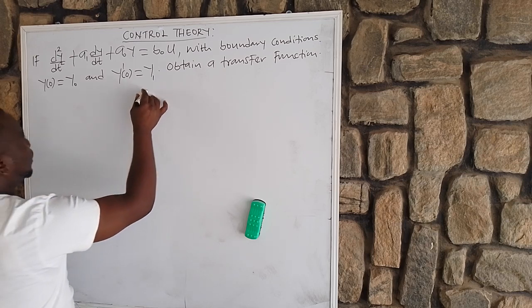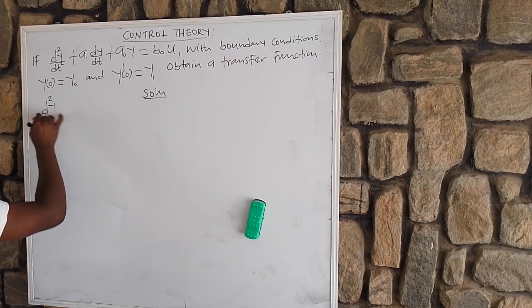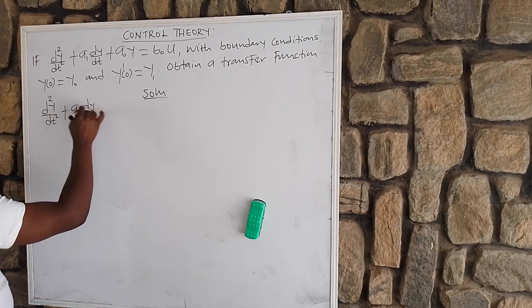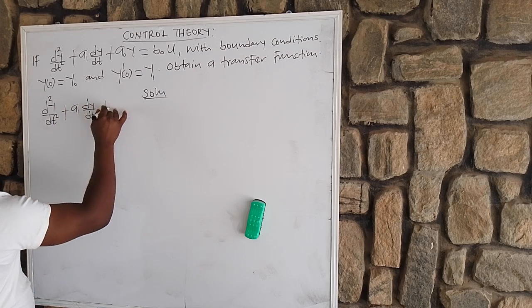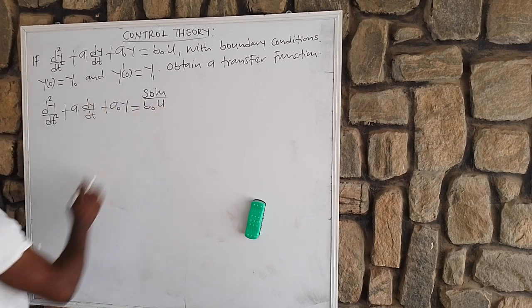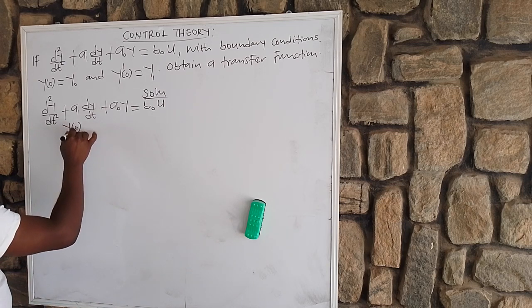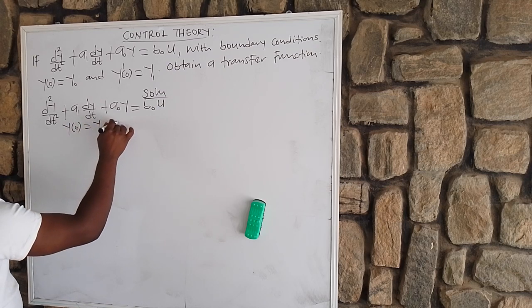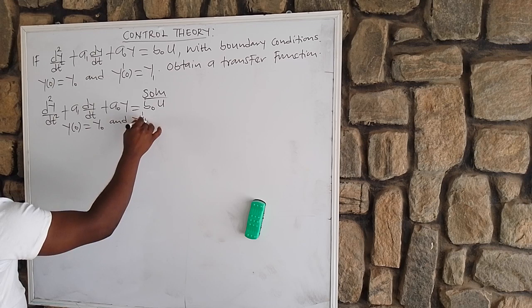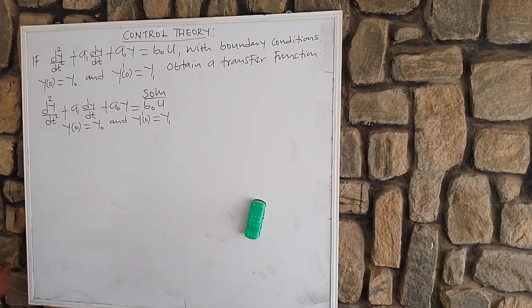Let's write the solution first. Here we have d squared y over dt squared plus a1 dy over dt plus a naught y equals b naught u, with boundary conditions y of 0 equals y naught and y prime of 0 equals y1.